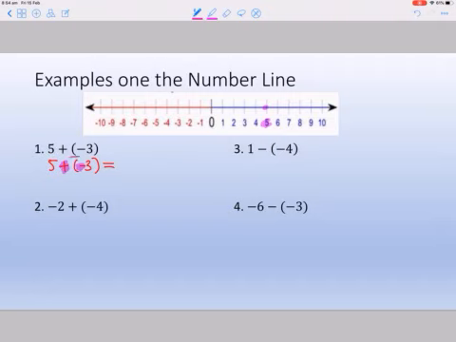See how it's different? See how there's two different ones? So that means it's going to be negative. If we're going negative, we're going this way on the number line, so negative, negative. If we're going positive, we're going this way, so positive.